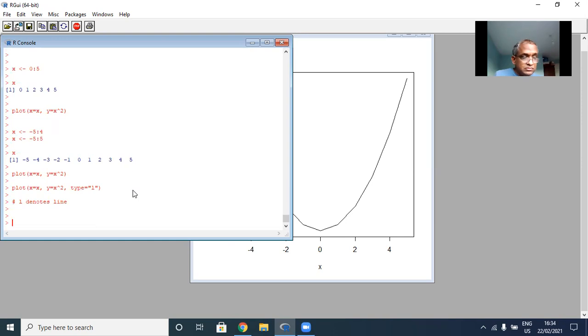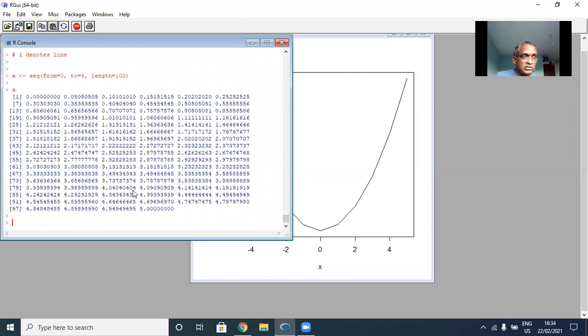And you can also change the colors, like, okay, suppose X is a sequence from 0 to 5 with the length of 100, all right? Then you have this sequence, right?